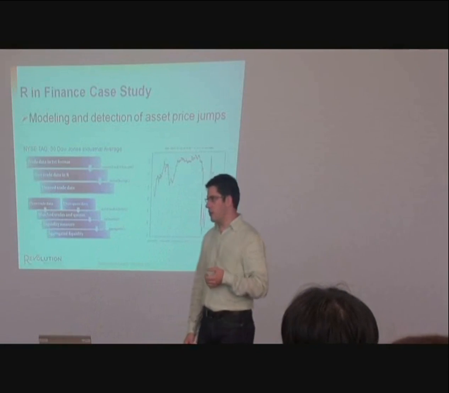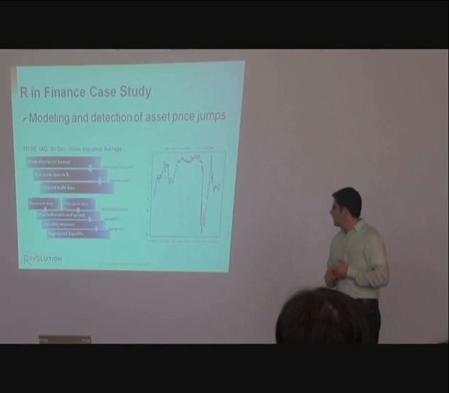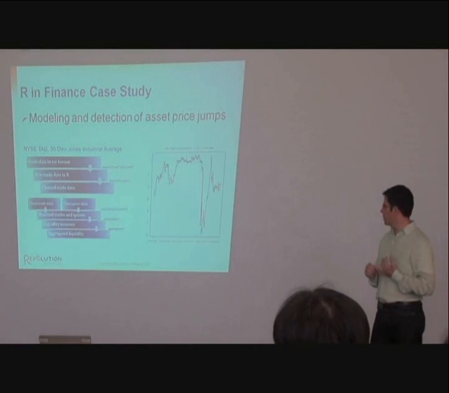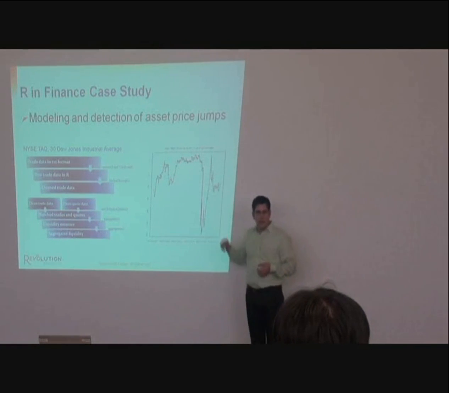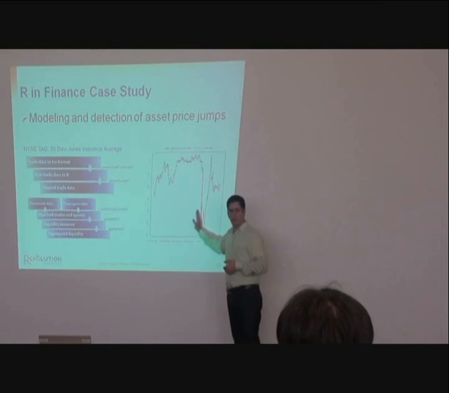I mentioned the flash crash. People are using R to model, detect, and put triggers in place to detect asset crashes. So this is a classic big data problem because you can think about each one of these points.